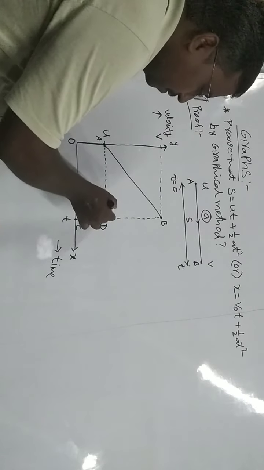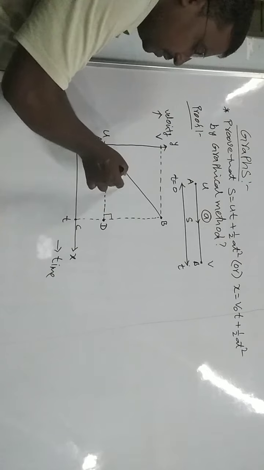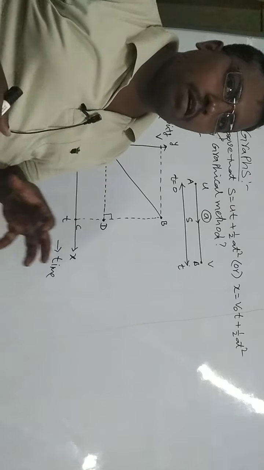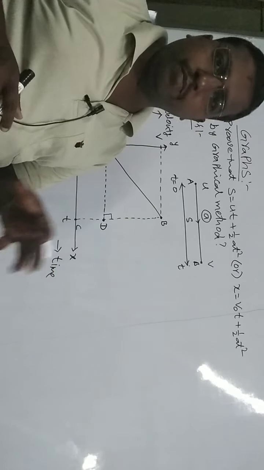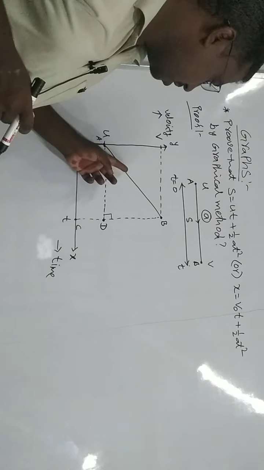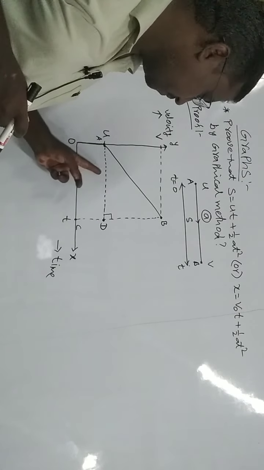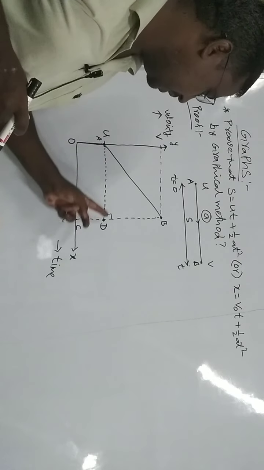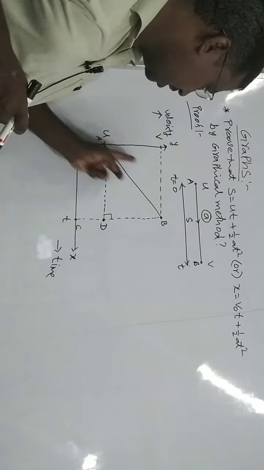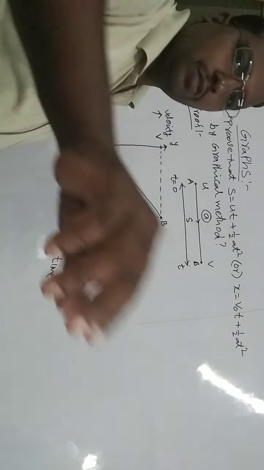That's why we have to find the displacement by adding these areas. That is, the displacement of the object is equal to the area under the Vt graph, that is the area of rectangle OADC plus the area of triangle ABD.